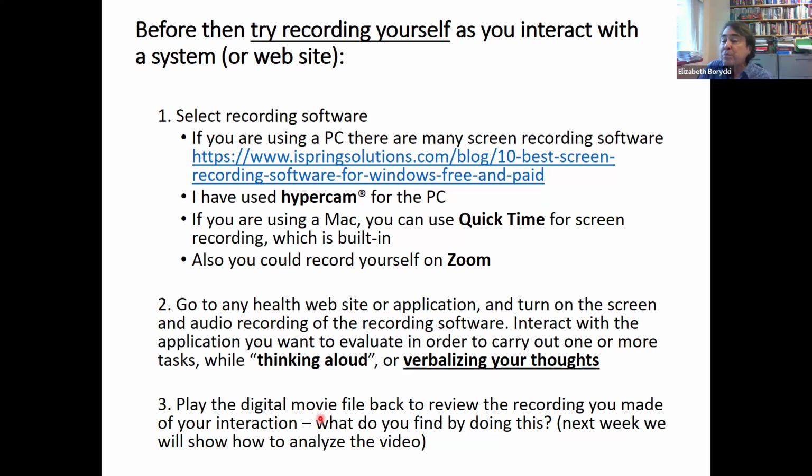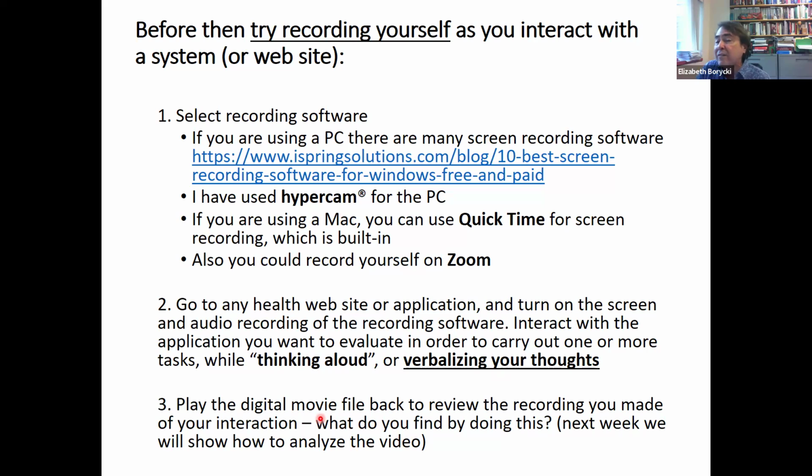And then when you're done doing some interaction with the system, hit stop, and you can play back, probably immediately in Windows Media Player or QuickTime, that digital sequence of your interaction with the system.